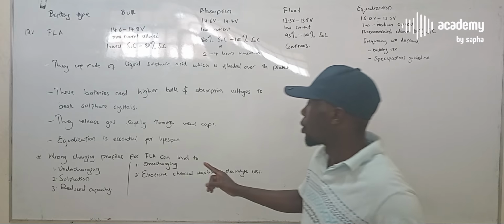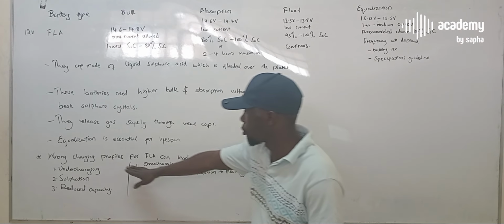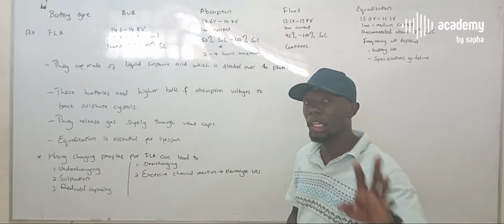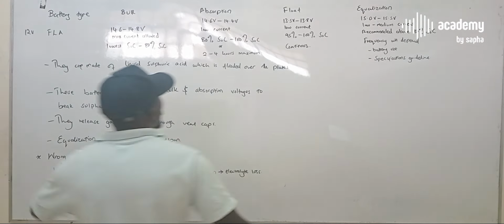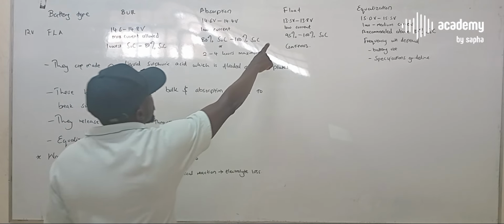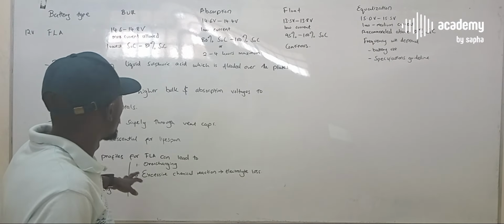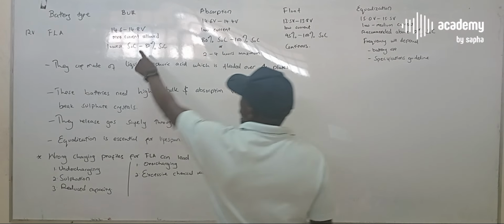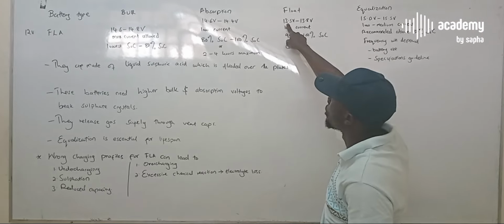Now, wrong charging profiles for FLA. Let's first understand what a wrong charging profile for an FLA is. For example, you have a charge controller that is always delivering 13 volts, assuming you have a charge controller that never hits these voltages. It's always stuck at 13 volts.